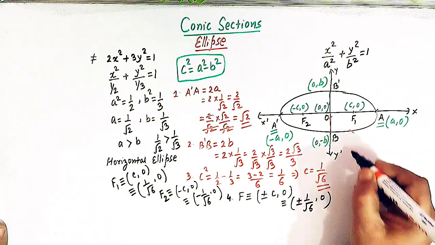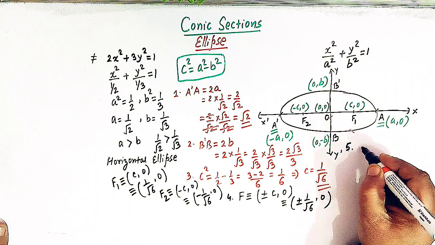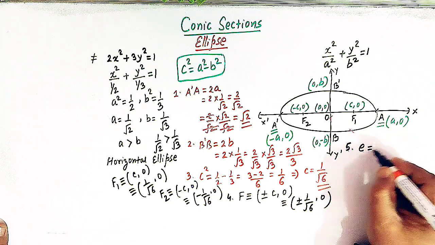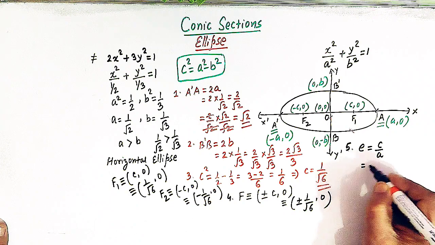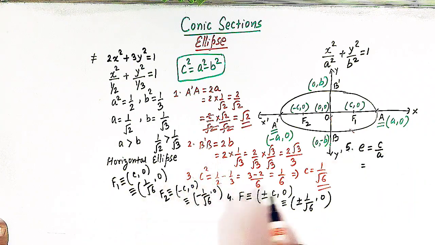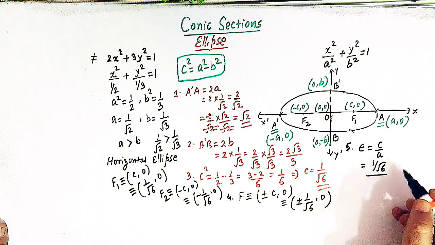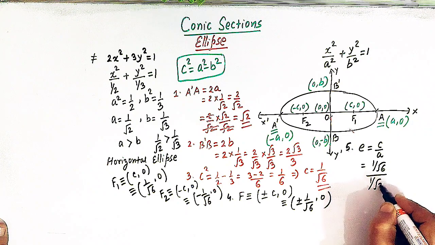Now let us find out the eccentricity of this ellipse. So the eccentricity is denoted by e, and this is given by c over a, right? So c is given by 1 over square root of 6, and a is given by 1 over square root of 2.